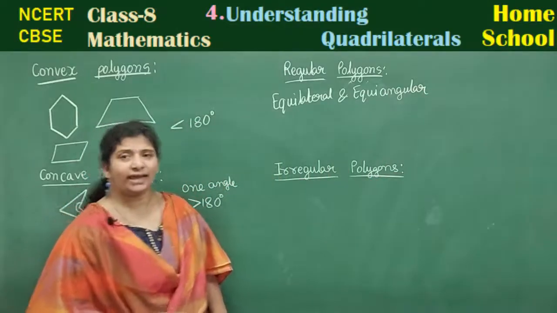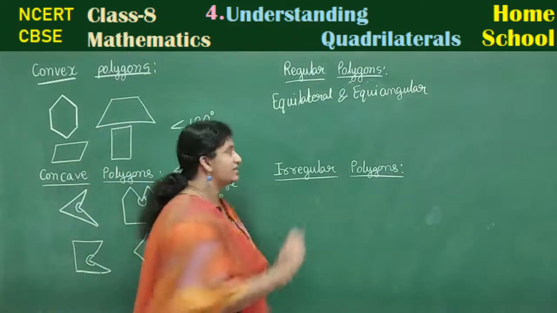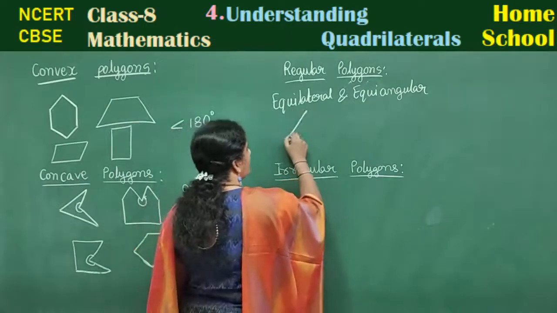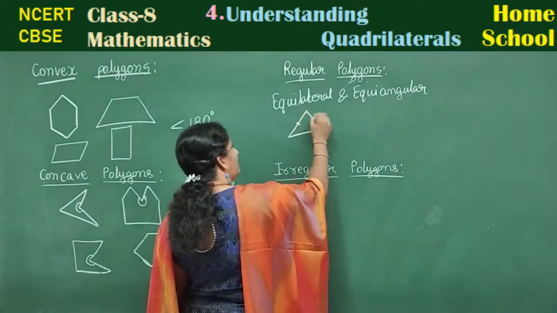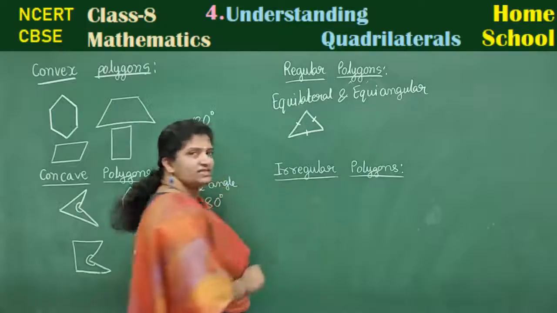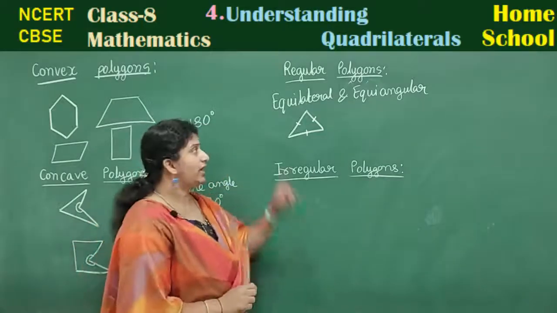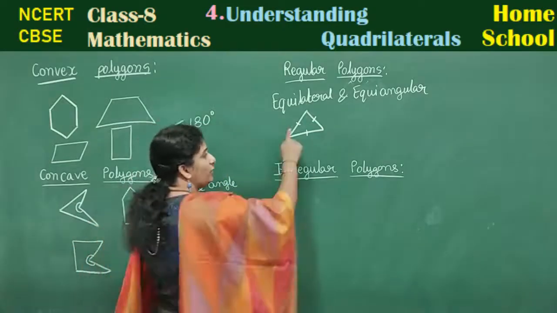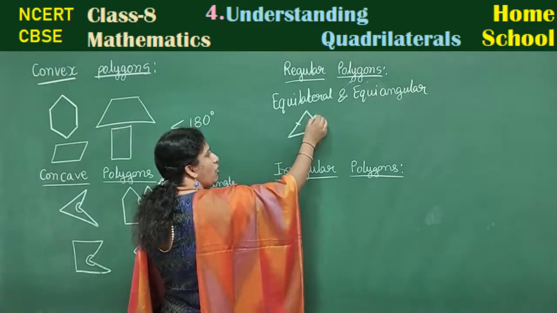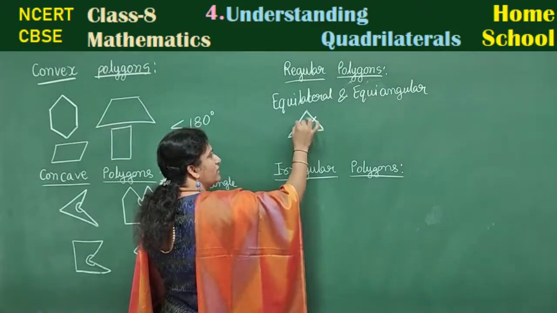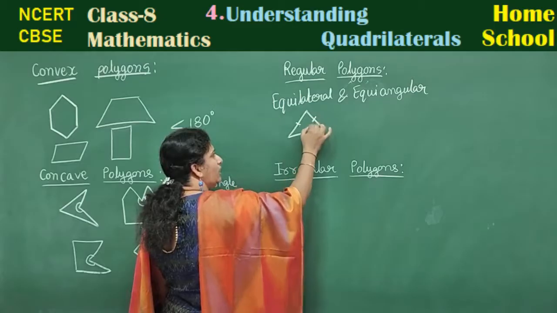Equilateral and equiangular, what do you mean by this? Equilateral: all sides are equal. Equiangular: all angles are equal. And you can see here, children, the small line which I have drawn. See the small mark that I have made.